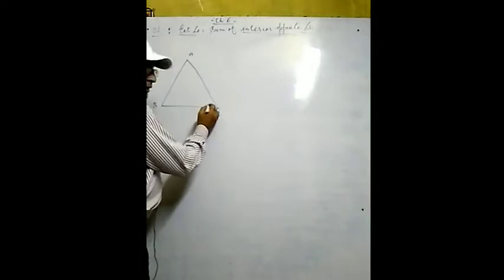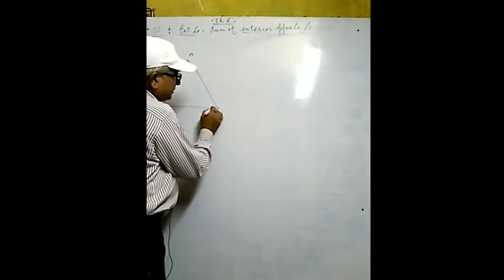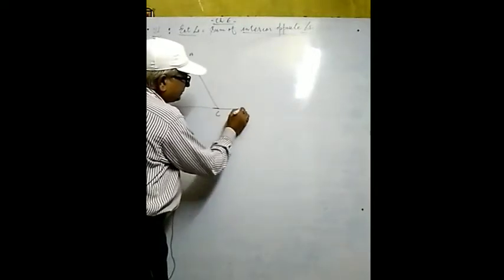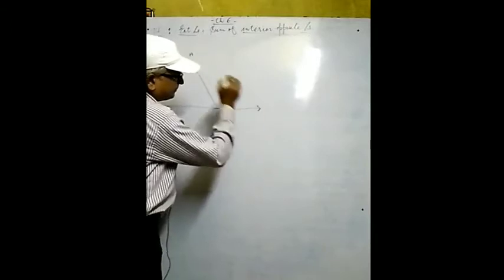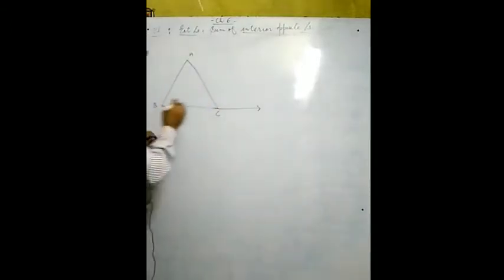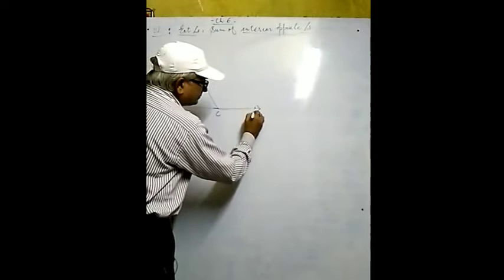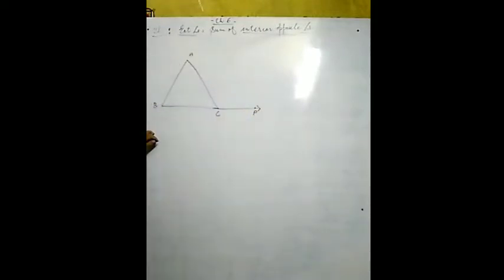Suppose triangle ABC is given and you are extending one of the sides of triangle ABC. Suppose BC is extended up to point P. Clear?